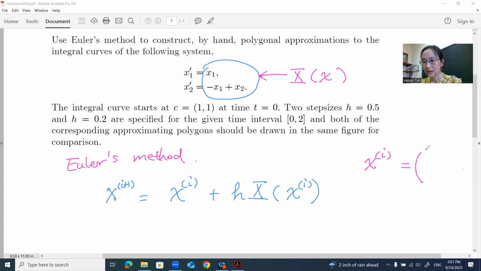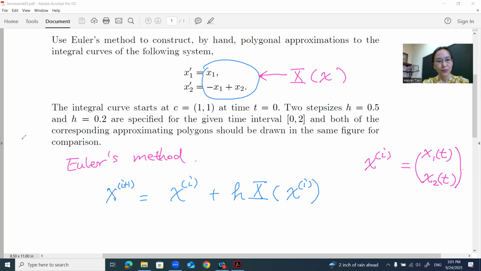So x itself has two components. The first one is denoted by x1. The second one is denoted by x2. So we already used the subscript. So x1, x2, of course, each one is a function of t. Although we often omit the t, we keep in mind this is a function of t.